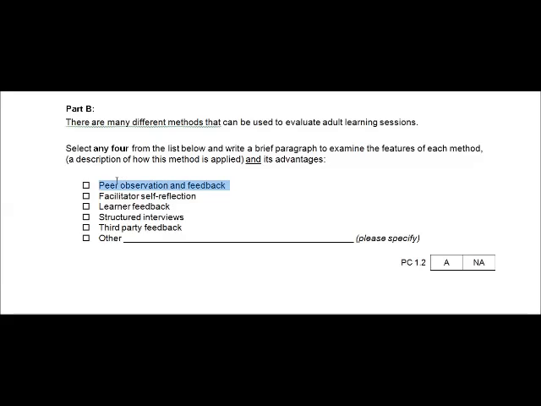So how do you do peer observation feedback? How do you actually do it? And what's the advantages of that? Then you might pick, well, learner feedback. How do you get feedback from your learners? And what's the advantages of getting feedback from your learners? Now you must have 4, remember, and we're expecting at least a paragraph for each one. So some decent writing.